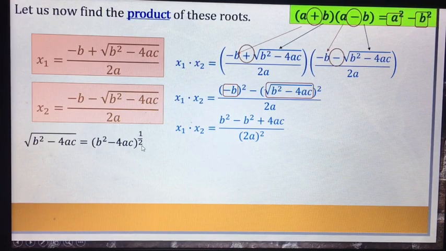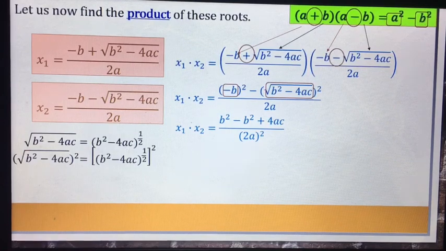So when we square the radical, the square root of b squared minus 4ac squared becomes b squared minus 4ac raised to 1/2, squared.